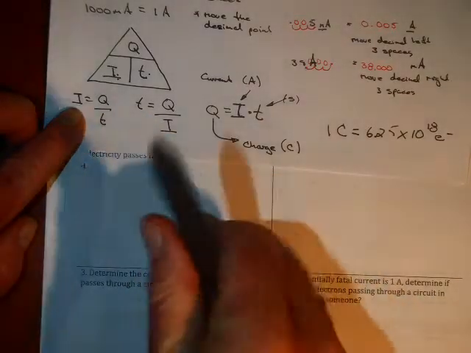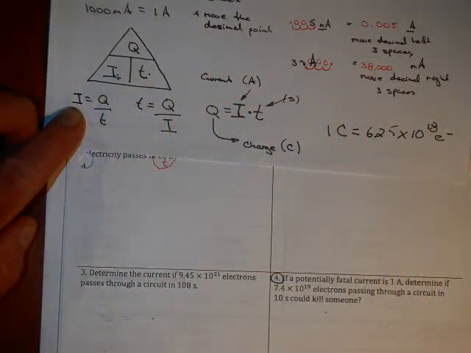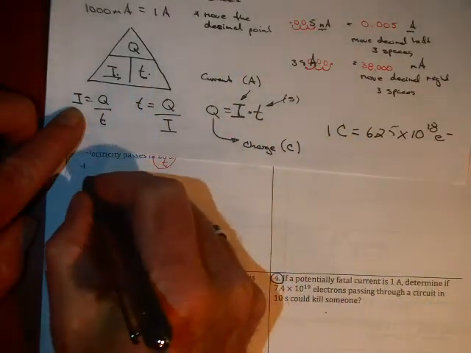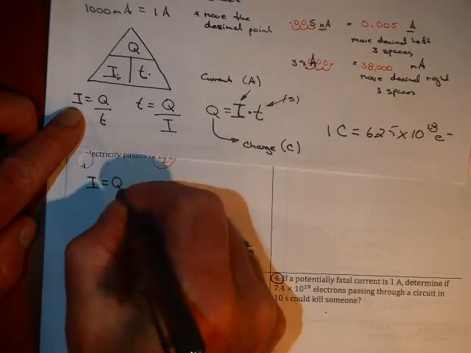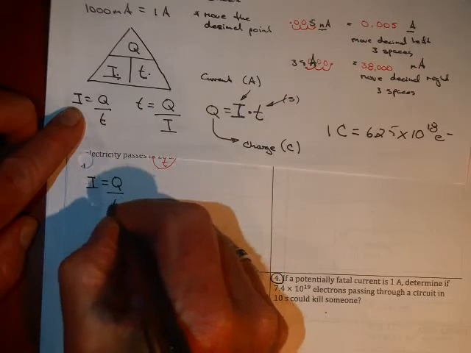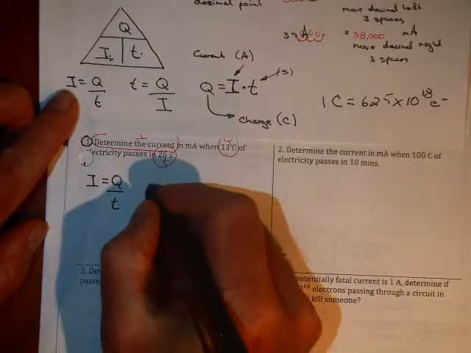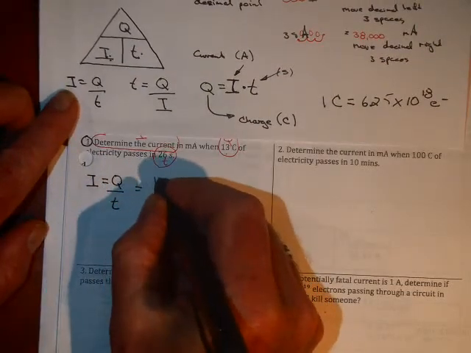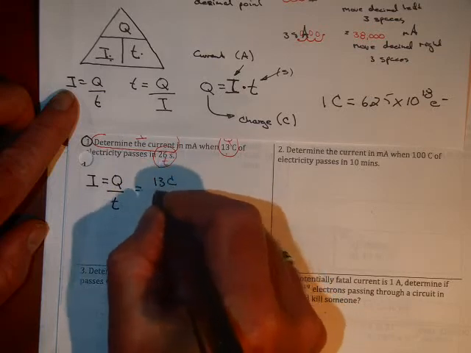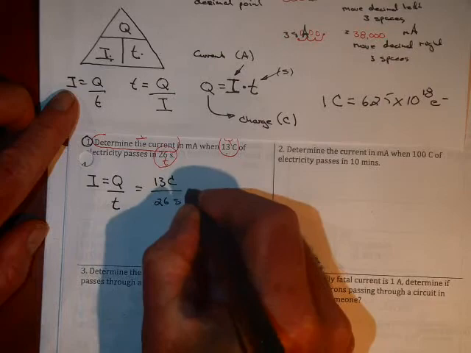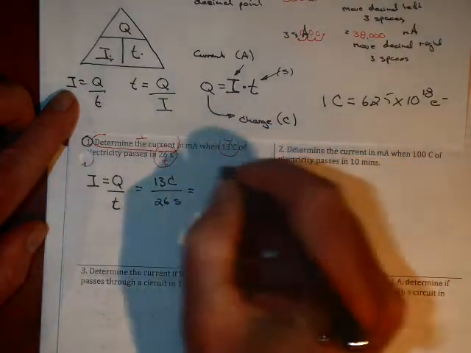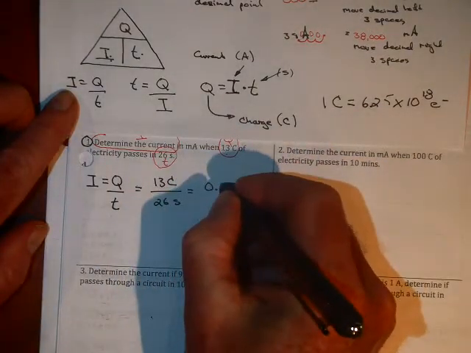So this is what I do now. I write down the equation that I need. Current is equal to coulombs divided by time, so this is equal to 13 coulombs divided by 26 seconds, and I can do that one in my head. That is 0.5 watt.